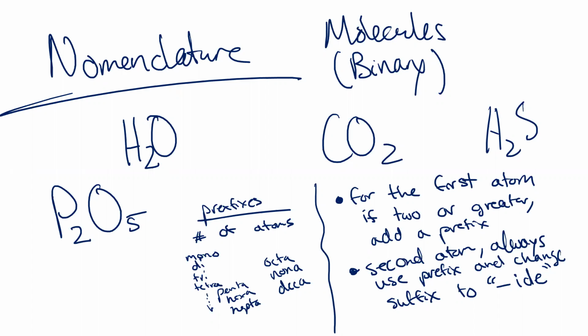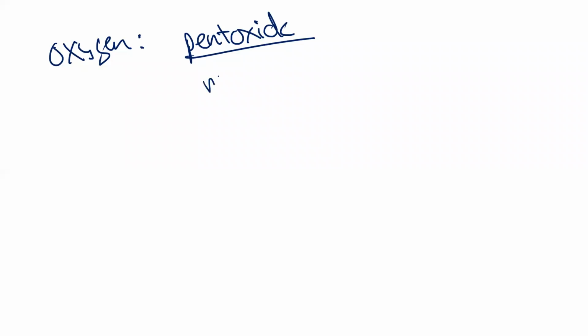Okay. See how easy this is, though? Compared to even nomenclature of ionic compounds, this is simple. Yes, there's a couple of other little things, like with oxygen, you say something like pentoxide. You do not say pentaoxide. It's pentoxide or monoxide.